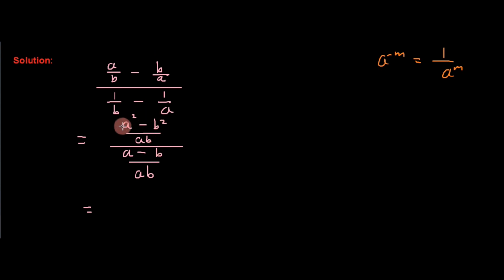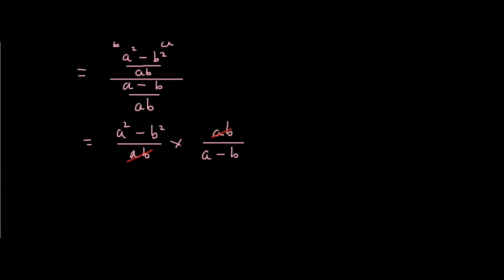So we can multiply the numerator by the inverse of the denominator. So it's going to be a squared minus b squared all over ab times ab over a minus b. Immediately, these terms cancel. So we are left with a squared minus b squared over 1.